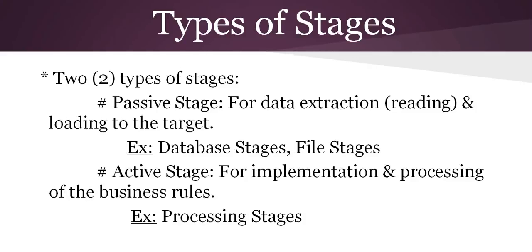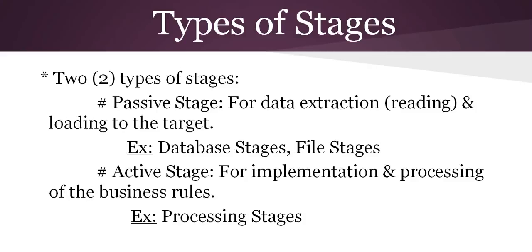The active stages actually perform the processing task. Active stages are where exactly the process or implementation of the business rules happens. The best example, as the name suggests, is processing stages. Processing stages are different for server jobs and parallel jobs.